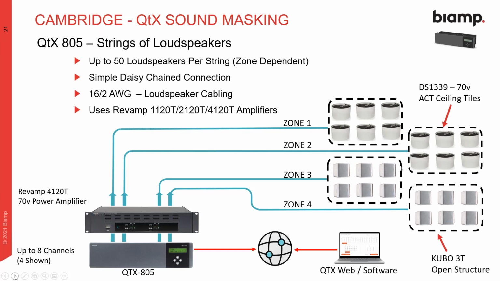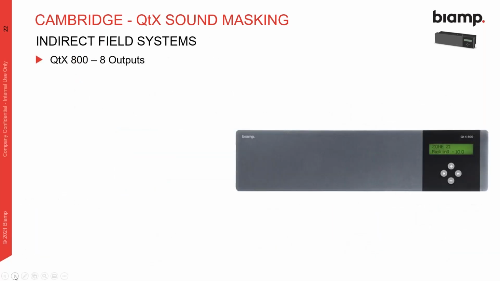The amplifiers that are available are a single zone 120 watt, a 2-zone 120 watt, and a 4-zone 120 watt amplifier in the Revamp series. So this approach allows you to do a simple, cost-effective approach to sound masking if you're in a competitive situation.